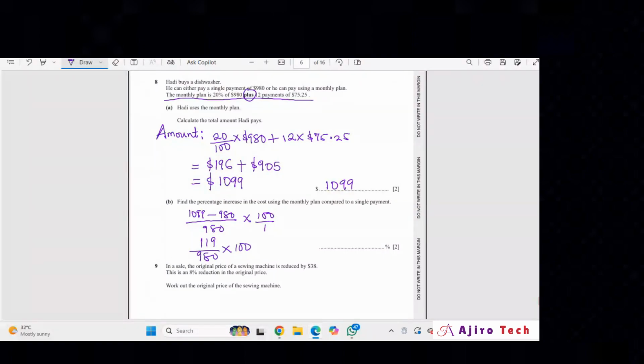When you do 119 times 100, it gives us 11900. You now divide it by 980. It will give you a beautiful answer, which is 12.14. So this is how to get the percentage increase in the cost using the monthly plan compared to a single payment.